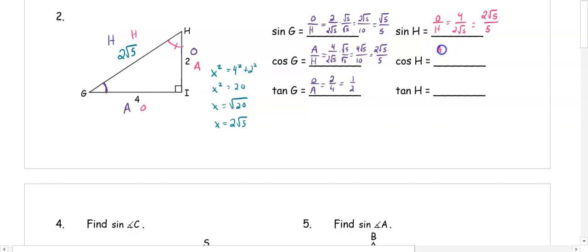Our cosine of H is adjacent over hypotenuse, which is 2 over 2√5, which will simplify to √5 over 5. And then our tangent is the opposite over adjacent, so 4 over 2, which reduces to 2 over 1, or just 2.